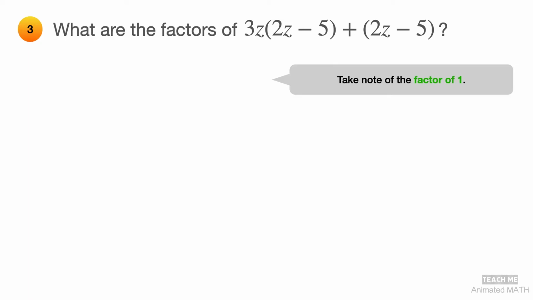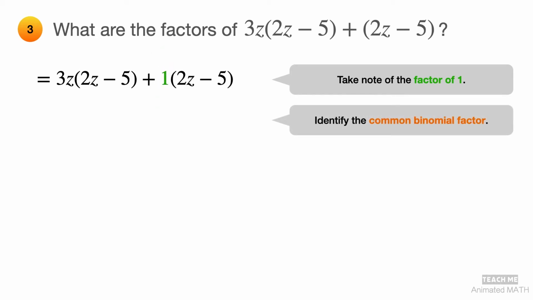Typically, when there is a factor of 1, we no longer write it for the sake of brevity or because we're just lazy. And because of this, beginners might miss that detail when factoring polynomials. So in this example, let's highlight that factor of 1 for the second term. We now proceed to the next step, which is to identify the common binomial factor.